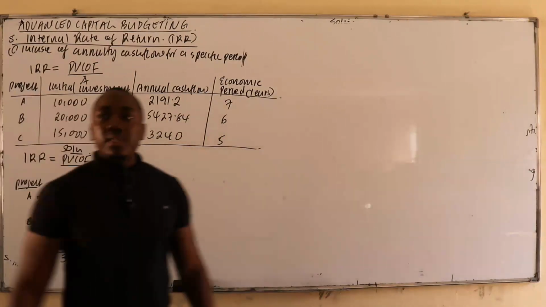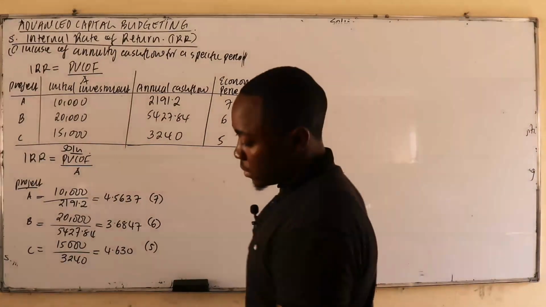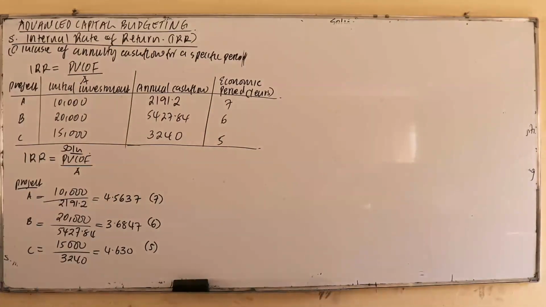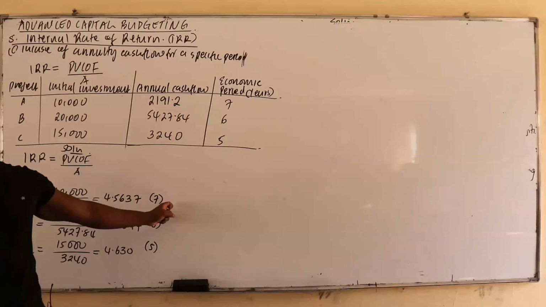So now let's go to our annuity tables. Let's start with A. Project A is for 7 years, so let's go to the annuity table, 7th year.